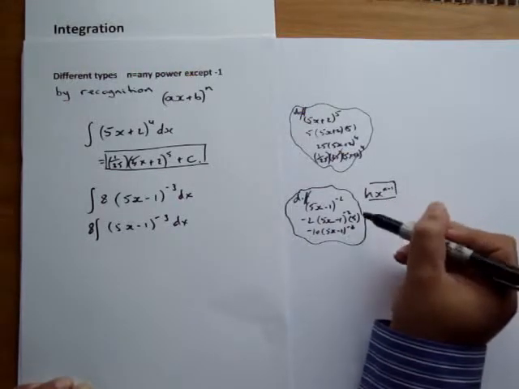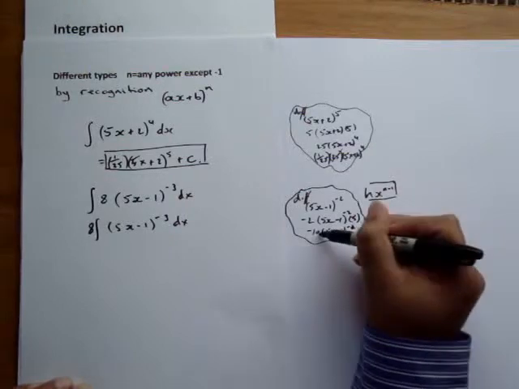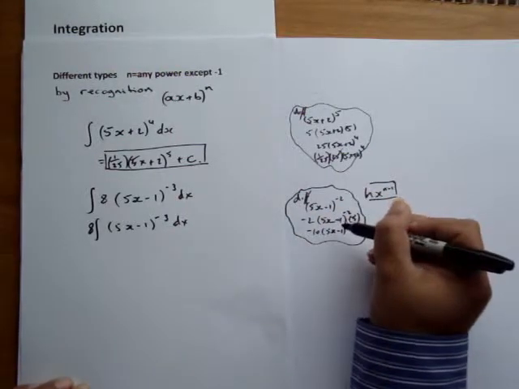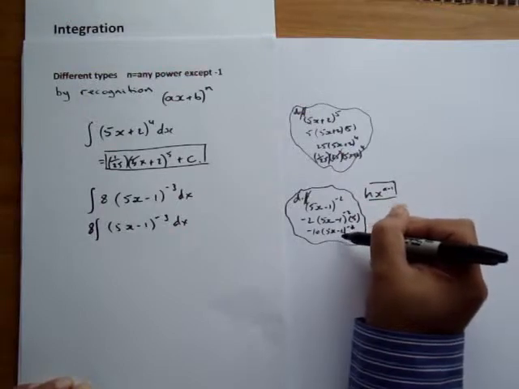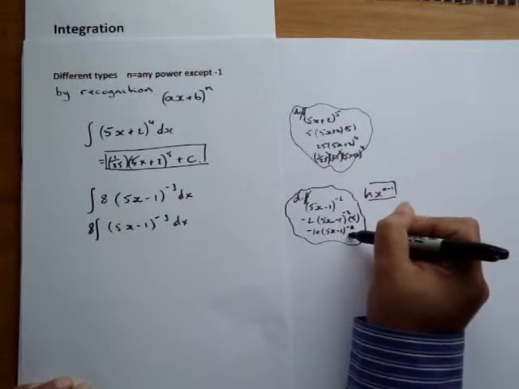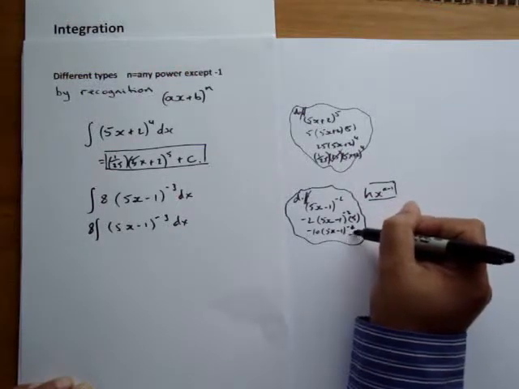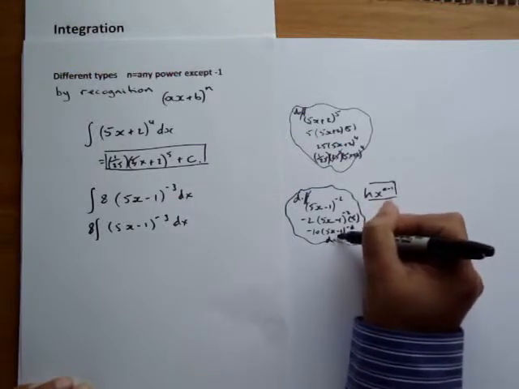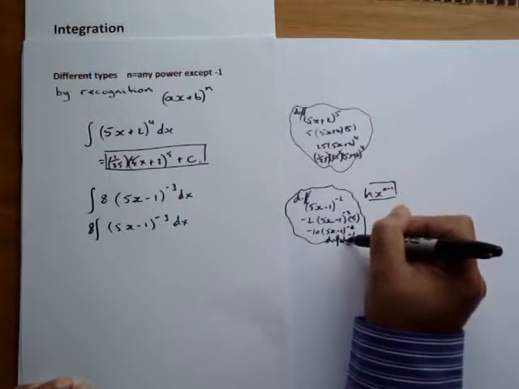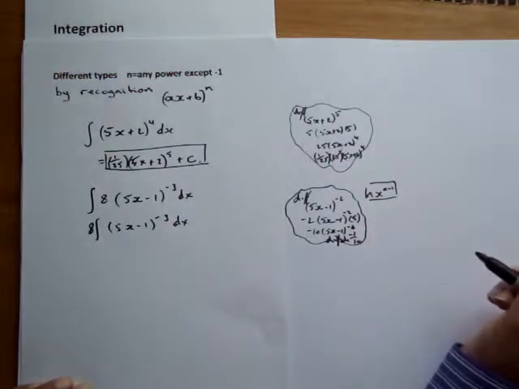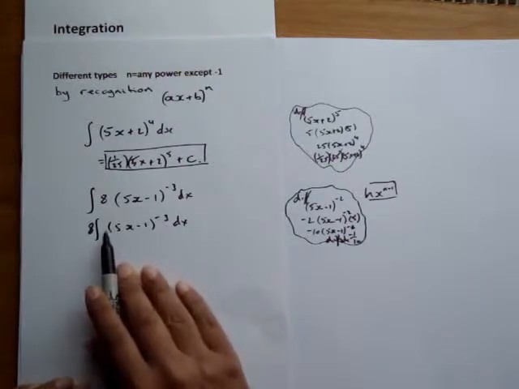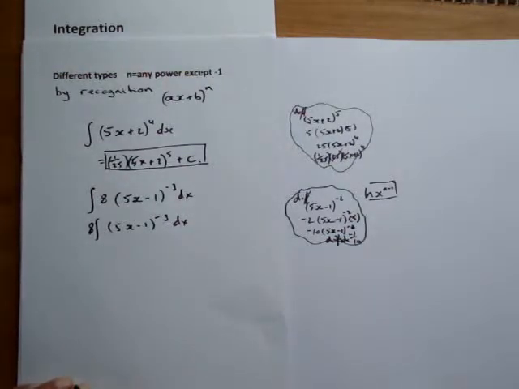So we don't want the -10, we want the 8. So what do we have to do? We have to divide by -10, that is multiply by -1/10. And that will get us back to this function.